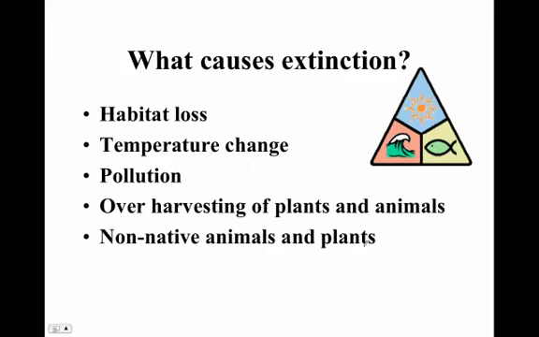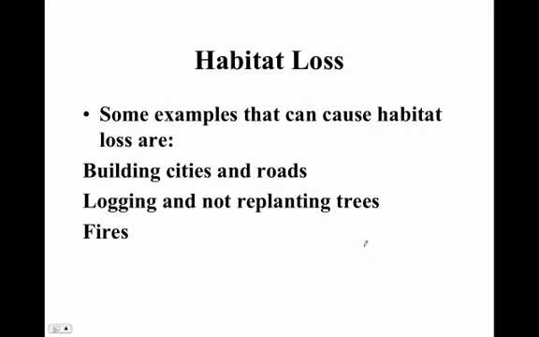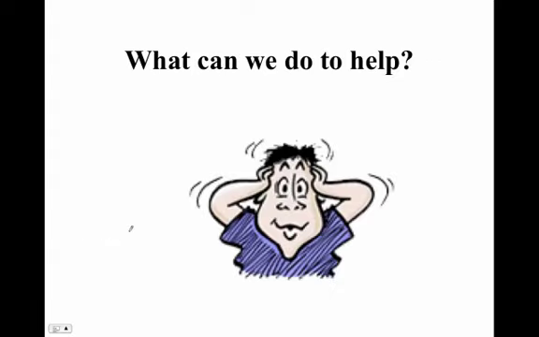So what causes extinction? Habitat loss, maybe a temperature change, pollution, overharvesting of plants and animals, and maybe the introduction of something called a non-native species. So habitat loss, examples are when we build cities and roads, or we log for trees or fires.